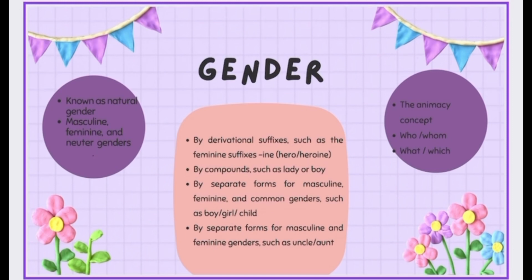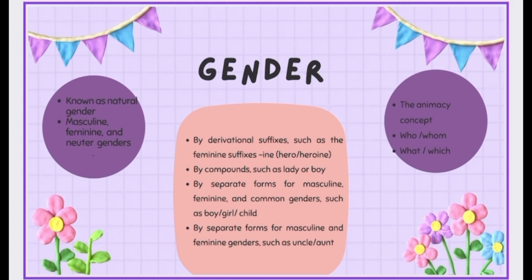English employs a relatively straightforward system of gender known as natural gender, where gender distinctions are based on the actual sex of the object in the real world. English recognizes masculine, feminine, and neuter genders. Gender in English is explicitly marked by inflection only in the third person singular pronouns: he for masculine, she for feminine, it for neuter.